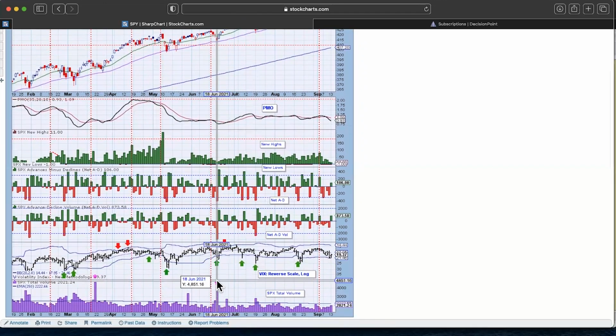Typically, you're looking also for high total volume. In this case, we did get that, but we have it marked with a pink asterisk because it was options expiration. So you're usually going to see a lot of elevated volume that day, and it may not necessarily be signaling a climax, but it's something to keep in mind. So we did get really high total volume on those negative bars.